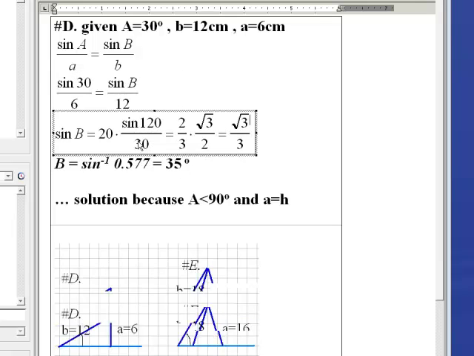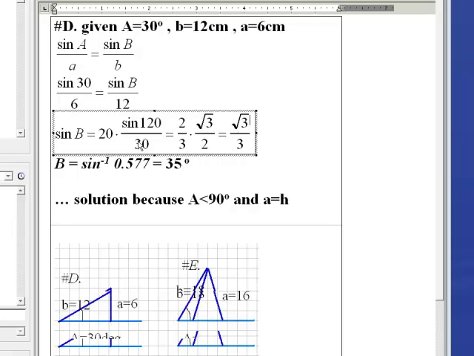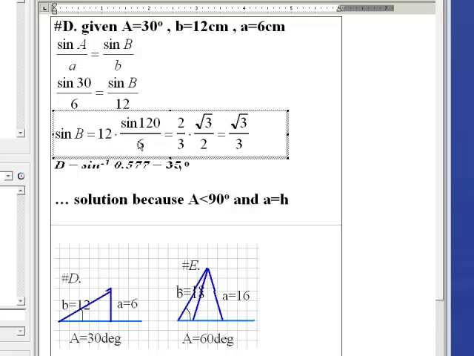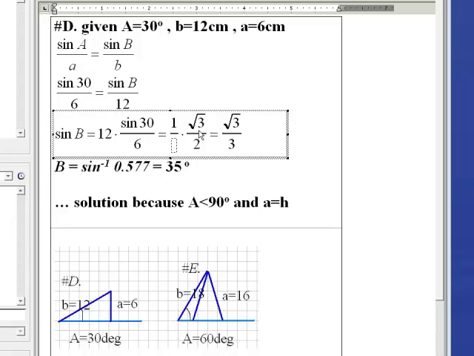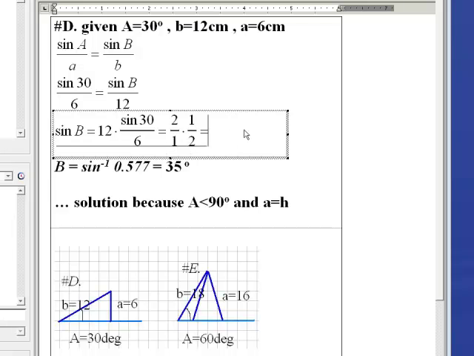So we have a 12 right here, 6 right there, and sine of 30 degrees. 12 over 6 is 2 over 1. Sine of 30 degrees, that is 1/2. There we go. 2 times 1/2, of course, comes out to 1.